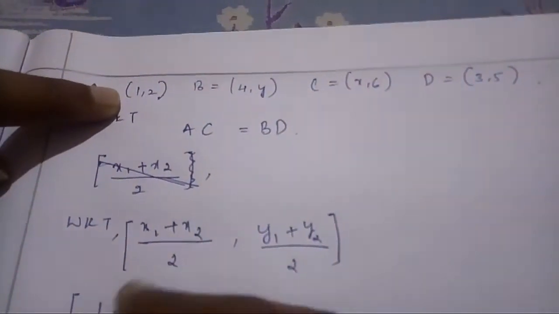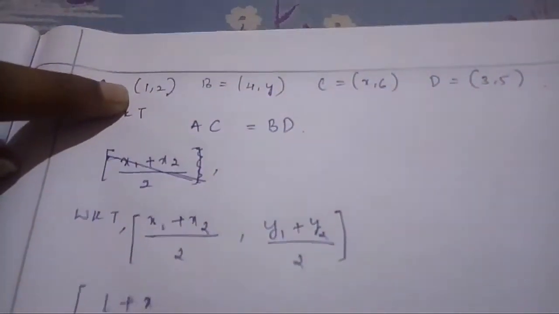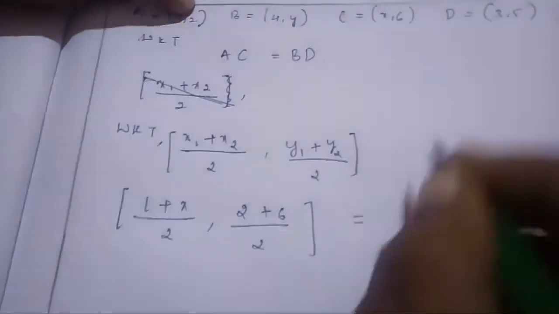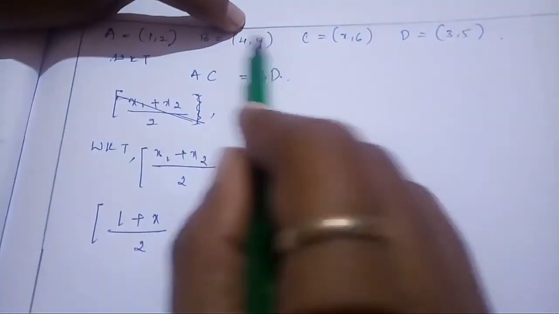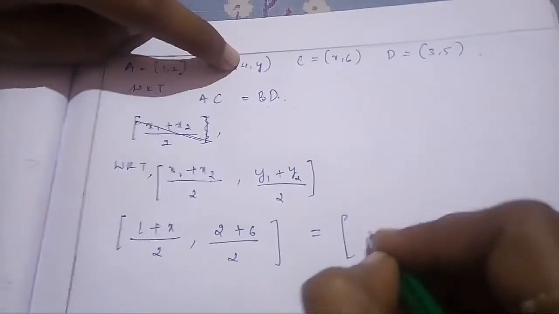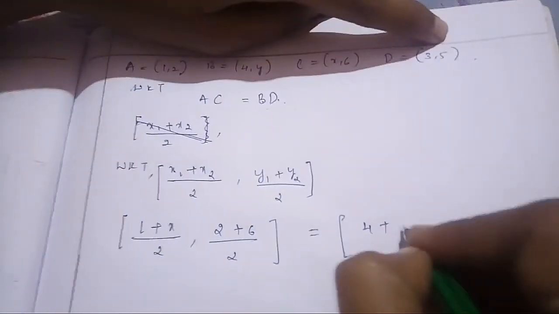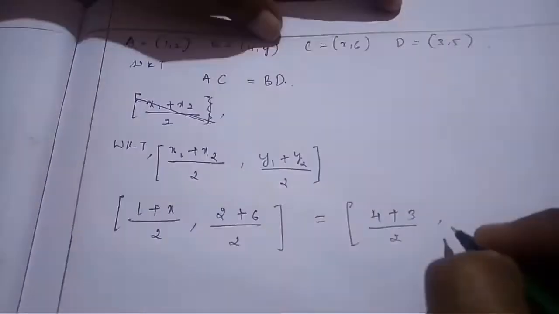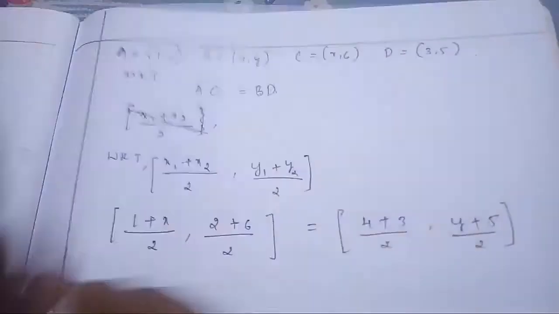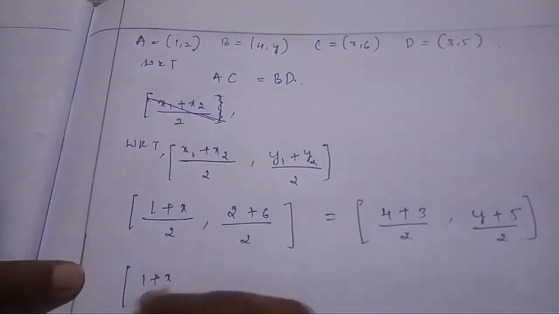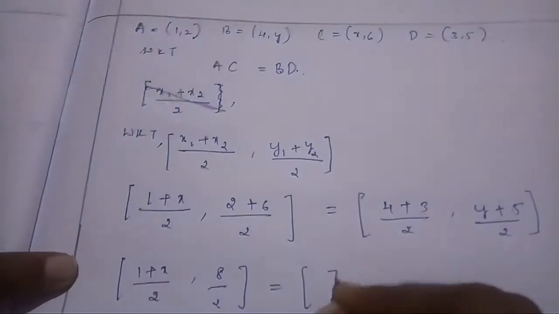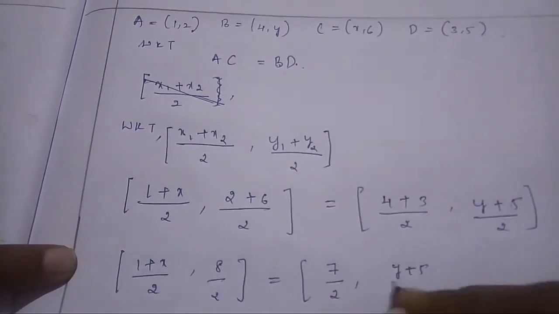So x1 is 1, x2 is x, divided by 2, y1 is 2 plus y2 is 6, by 2, which is equal to BD. Here B is x1 and y1, D is x2 and y2. That is (4 + 3) divided by 2, and (y + 5) divided by 2. So (1 + x) divided by 2, (6 + 2) which is 8 by 2, is equal to 7 by 2, (y + 5) by 2.